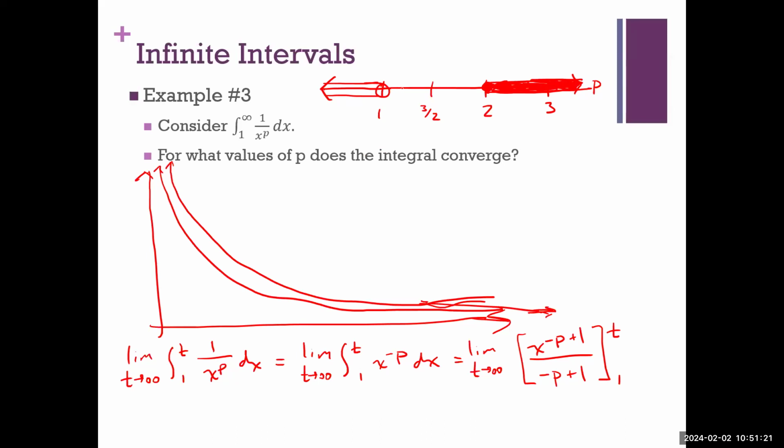It's got to be greater than 1. I don't care how much greater than 1 it is. So basically, this thing will converge for p greater than 1. So we saw that it failed at p equals 1. It will converge for any p larger than that, no matter how small. It just has to be a little bit larger than 1.